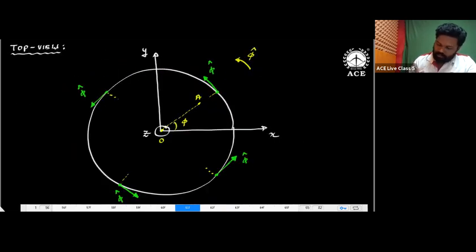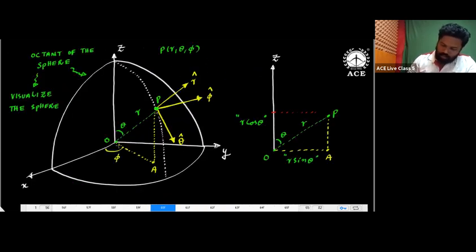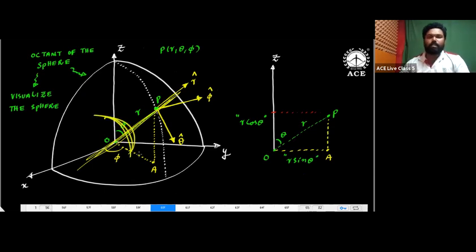Let me go back here. This OA is making phi angle with the x-axis. What is the OA? R sin theta, isn't it? Before that, what is the Z component? This R is making theta with the Z axis. So what is the Z component immediately? R cos theta.